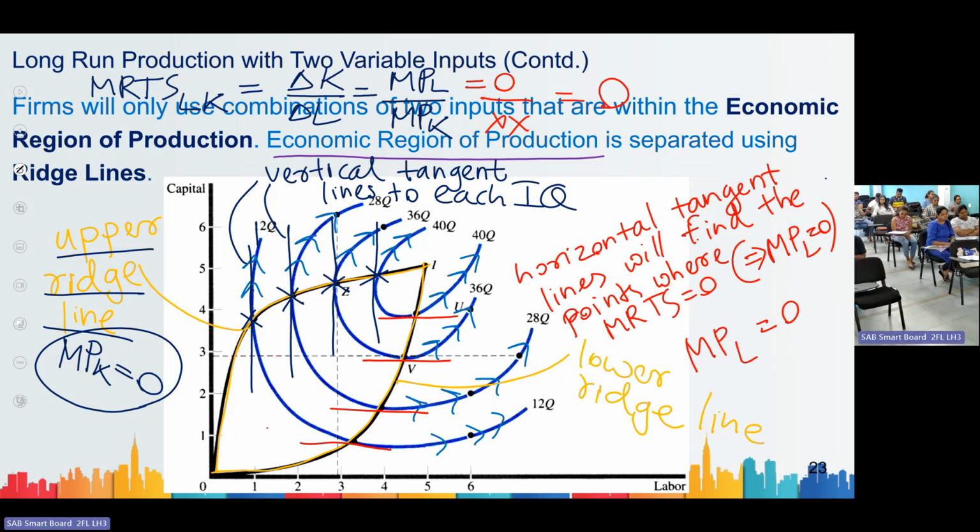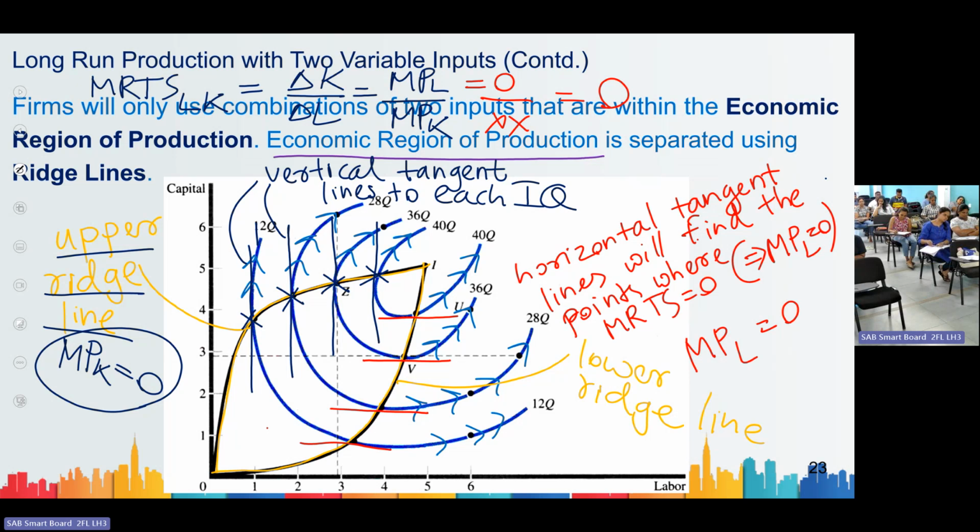So ridge lines are used to separate the economic region of production from other portions of isoquants. In the economic region of production, isoquant portions are downward sloping. We know upward sloping portions of isoquants don't belong to the economic region of production.